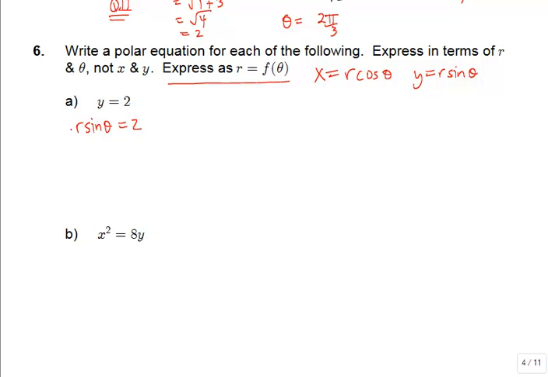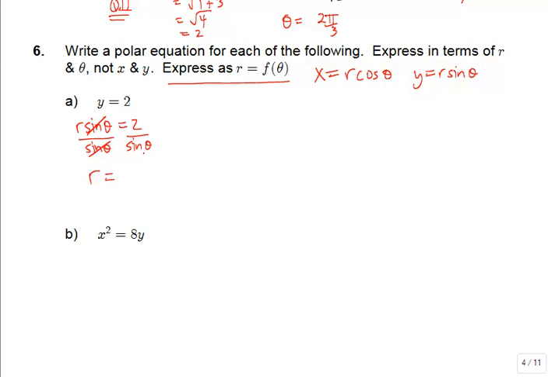So how would I go about solving this for r? I would have to move this sine theta over to the other side. To do that, I can just divide both sides by sine of theta. That'll cancel these out, giving me this r by itself. And you could leave it like this fraction, but I prefer to clean it up a little bit. Sine of theta in the denominator means it's like a reciprocal of sine.